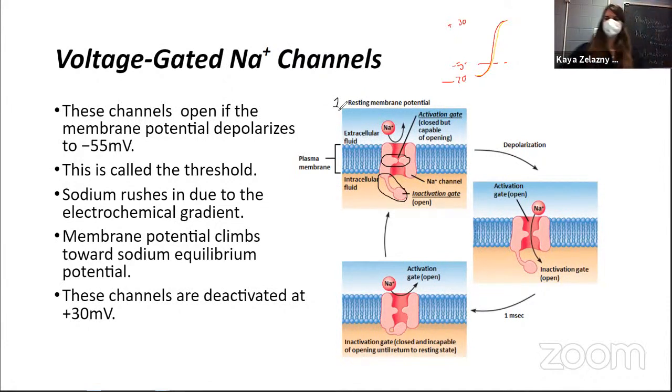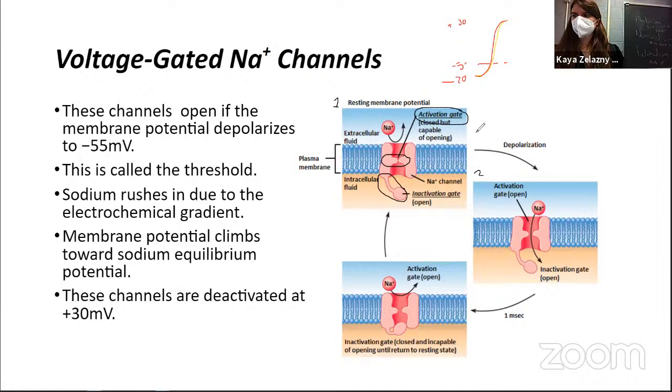What we should be noting is that the activation gate is the one that's blocking sodium from entering the cell when we're at rest. Our inactivation gate is open at this resting state. So that -55 is the trigger for this internal activation gate to open. So that's our time point 2.